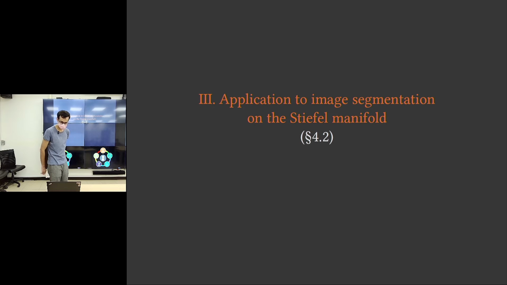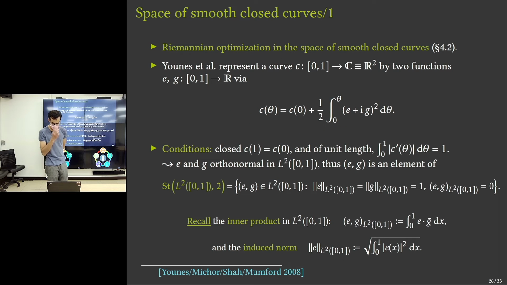Okay, in the time left, let's have a quick look at the application to image segmentation on the Stiefel manifold. This is section 4.2. Let's see how to translate this problem setting into the Riemannian optimization framework. It becomes an optimization problem in the space of smooth closed curves.